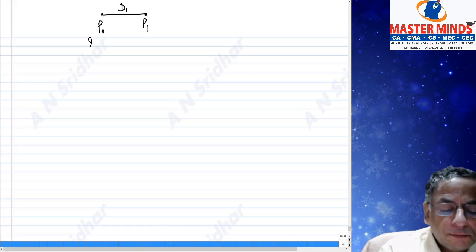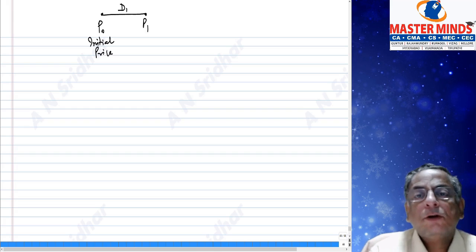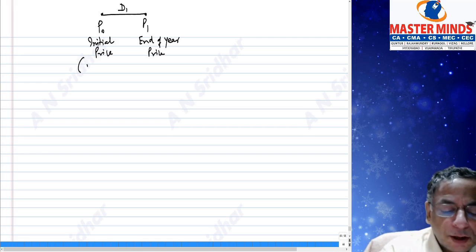So this is your initial price. This is your end of year price. So this is, you can say, beginning year price.